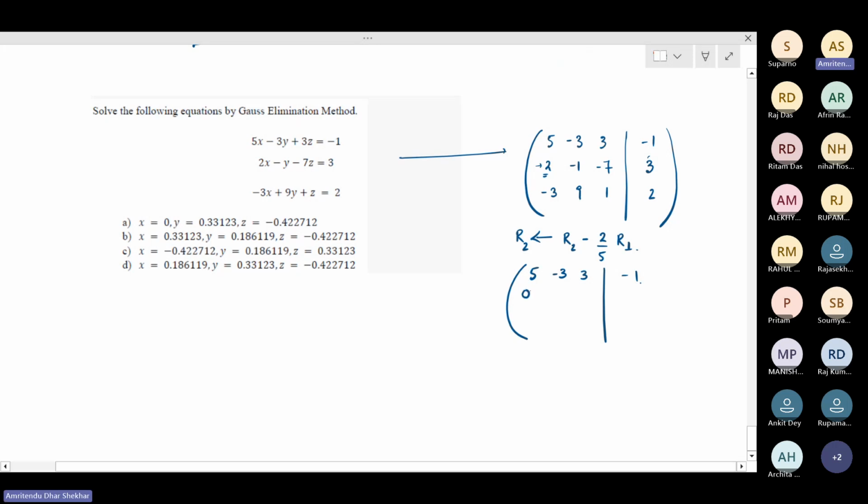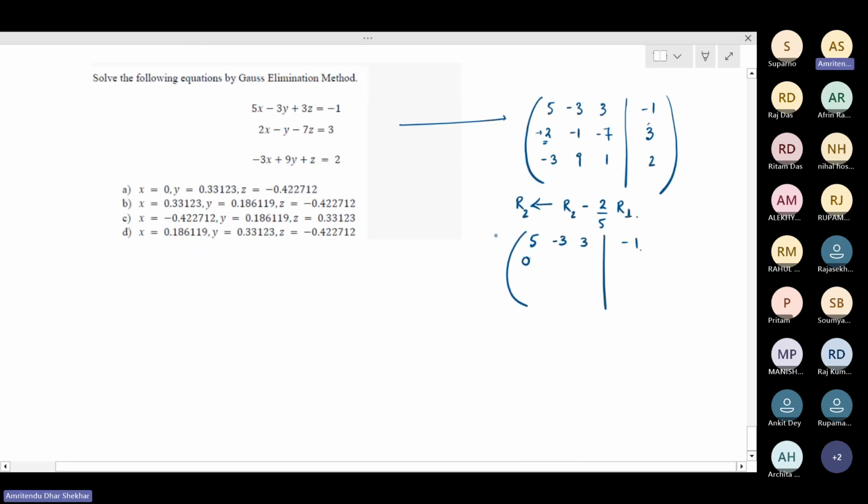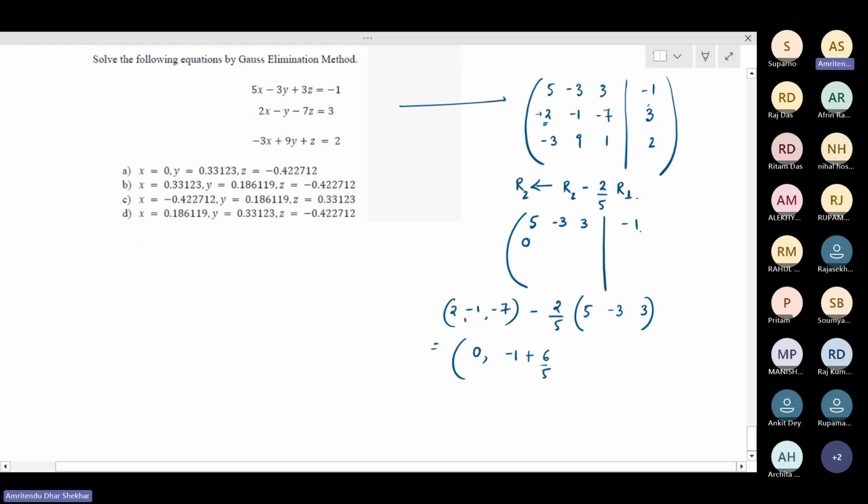What about this term? Well, you can just solve that now. Essentially what you get is 2, minus 1, minus 7, this was your second row, minus 2 by 5 times the first row, 5, minus 3, 3. So this is equal to 0, minus 1 plus 6 by 5, and here this is equal to minus 7 minus 6 by 5.